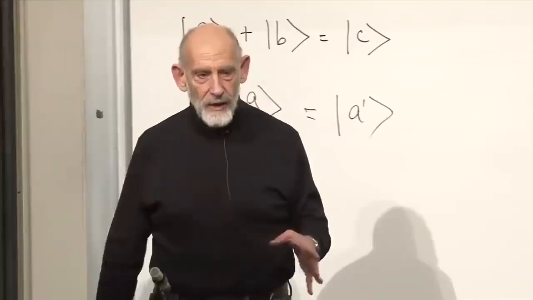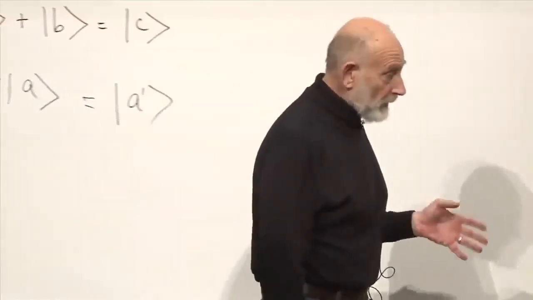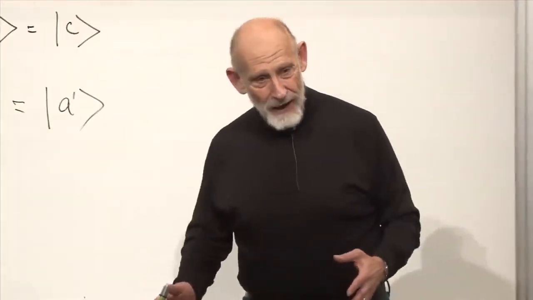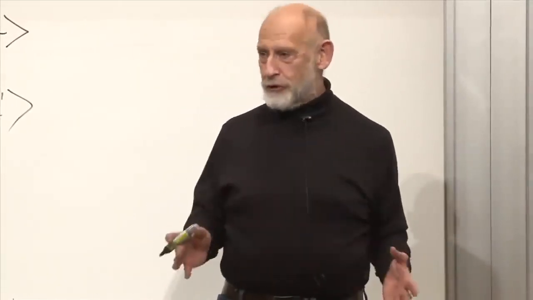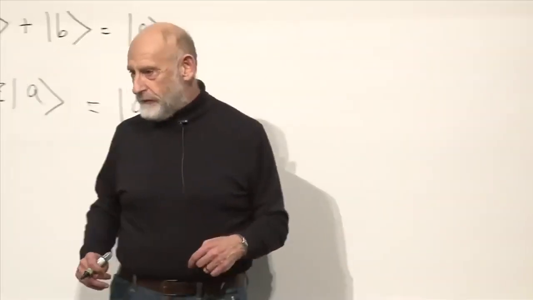Just like for any complex number there's a complex conjugate to go with it, the complex number system has a dual version, which is the complex conjugates of the original numbers. So do the complex conjugate vector spaces. And roughly speaking, the complex conjugate vector space, usually called the dual, is the complex conjugates of the original vectors. We'll make that more precise as we go along.